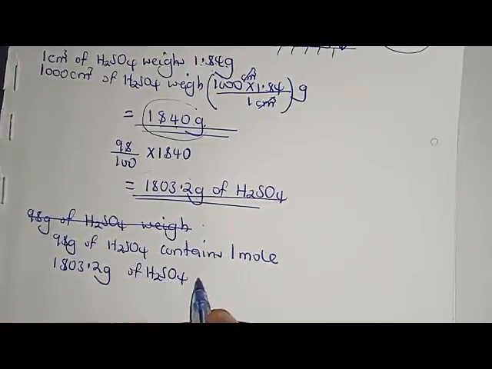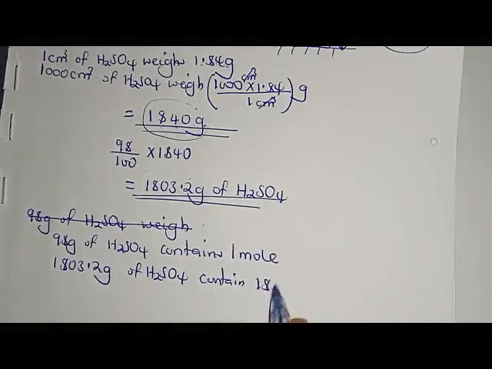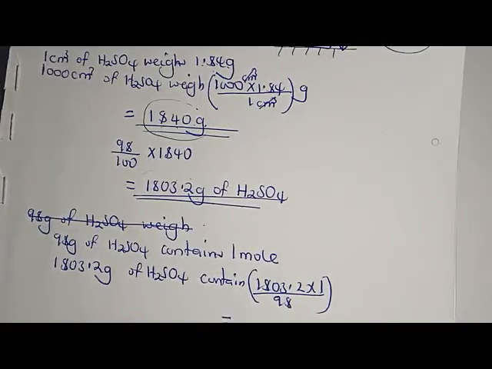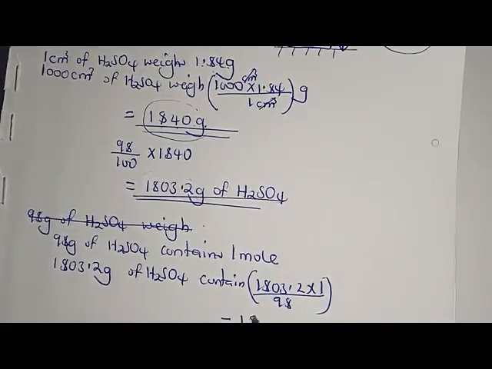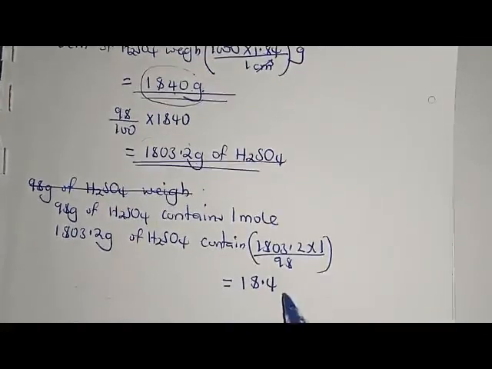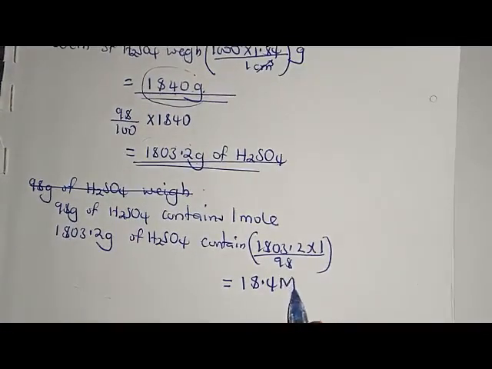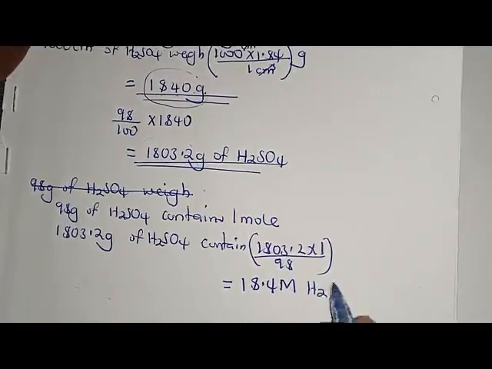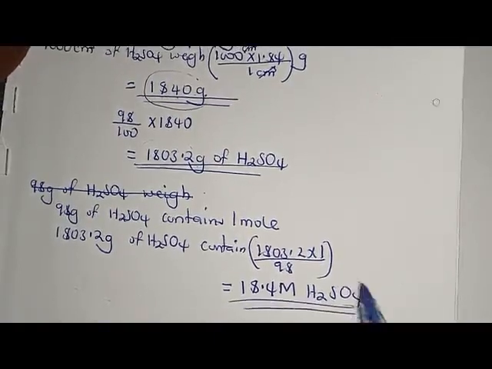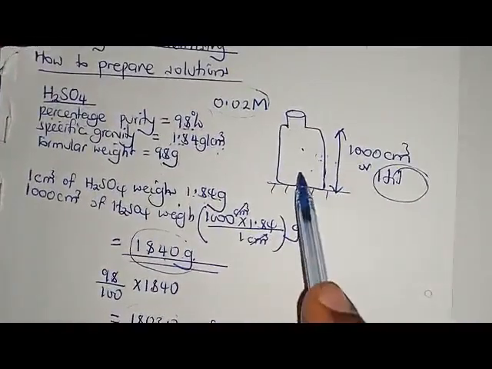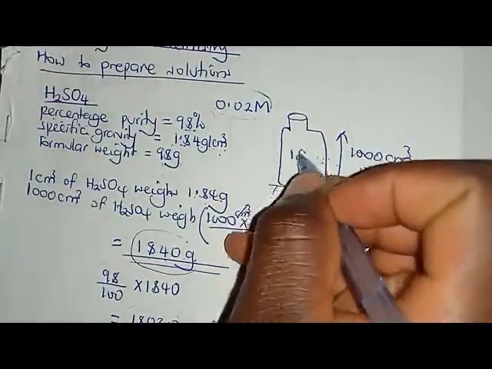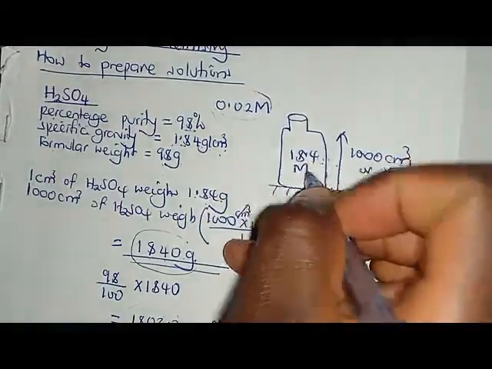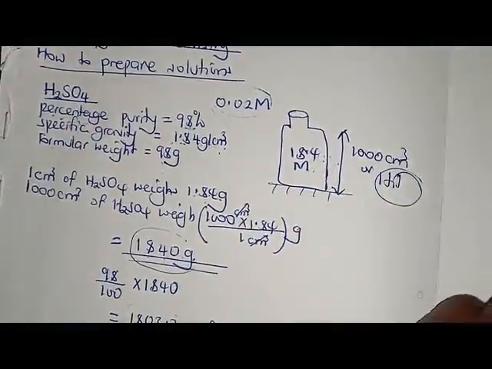For them, they contain 1803.2 times 1 out of 98, and when you press this on the calculator, we are getting 18.4. So we're getting 18.4 molar sulfuric acid. Now it means this bottle is having 18.4 molar sulfuric acid.